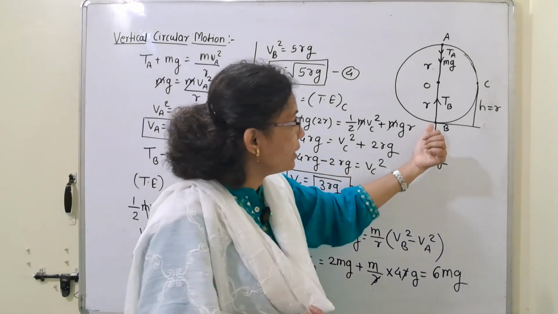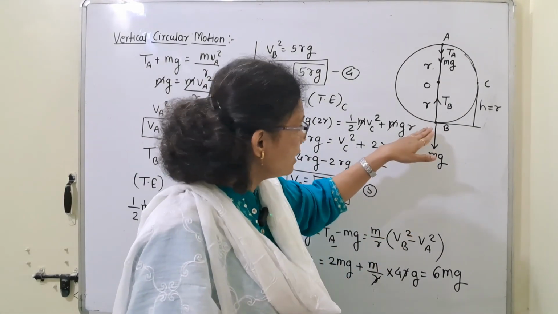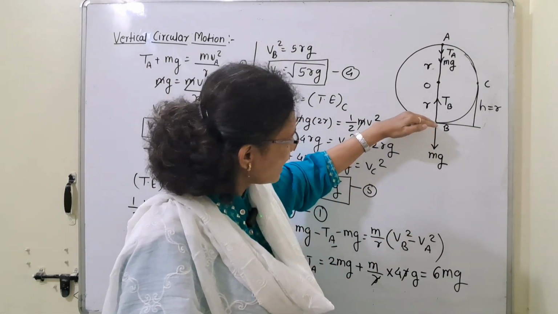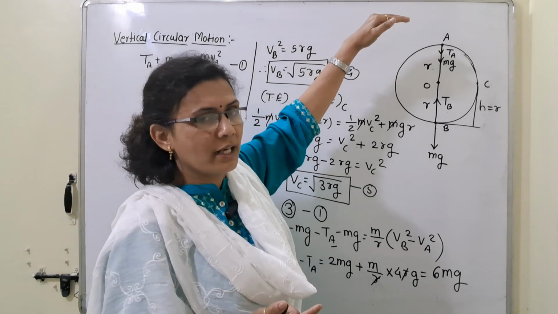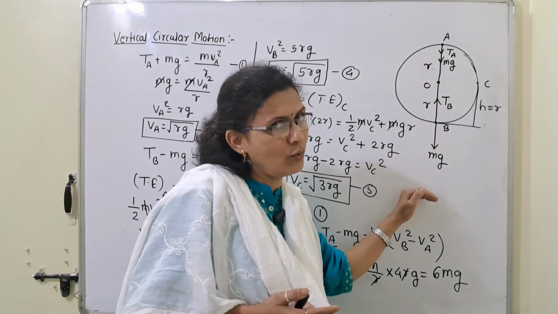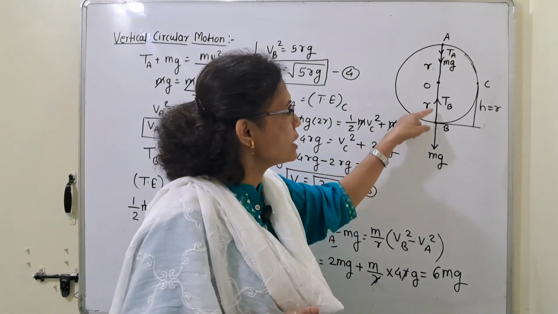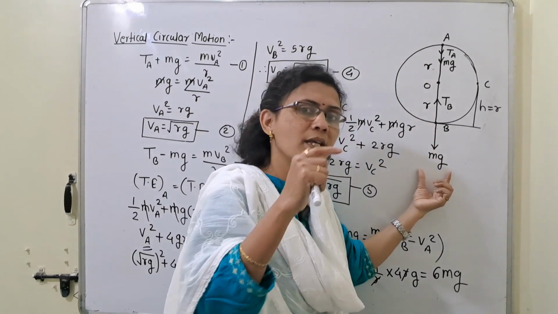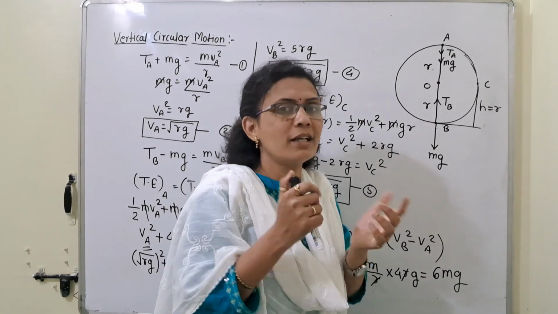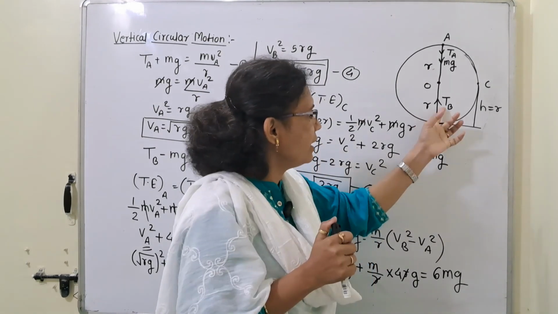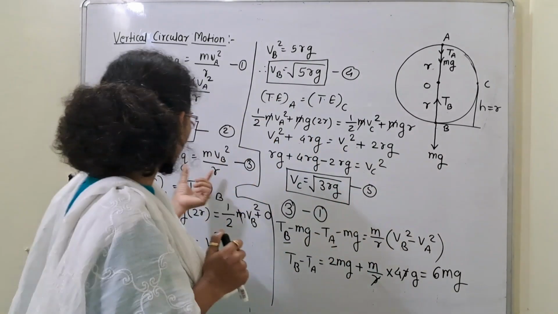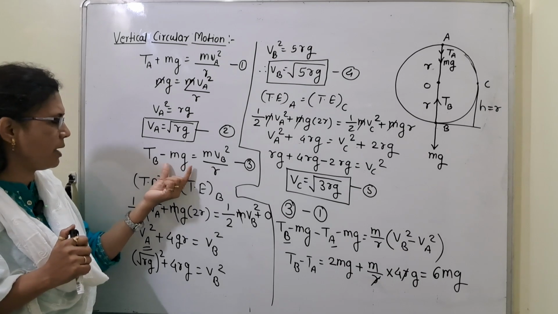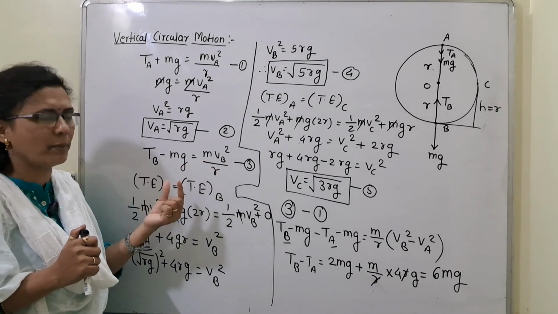But at case B, what happens? See, here the tension force is acting in the upward direction and weight force is in the downward direction. Means this TB is providing centripetal force, but this mg is opposing it. Therefore, the resultant centripetal force will be TB minus mg. Therefore, I have taken the equation TB minus mg is equal to mvb square by r.